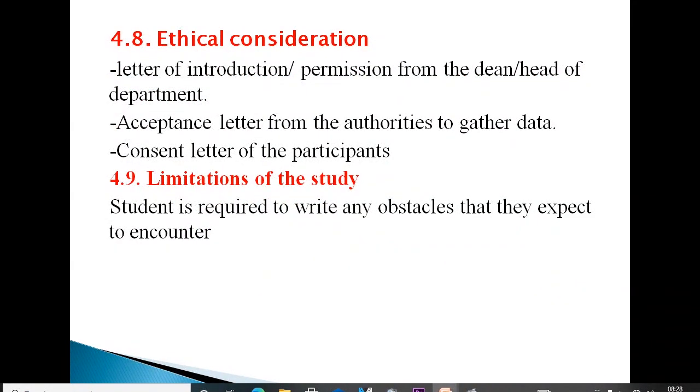Then the researcher also must present some ethical considerations in his research methodology.